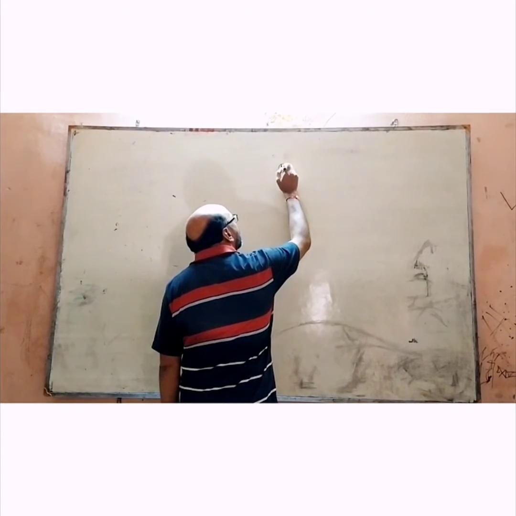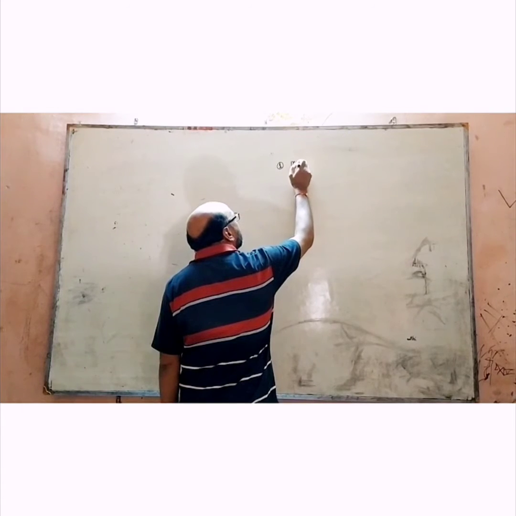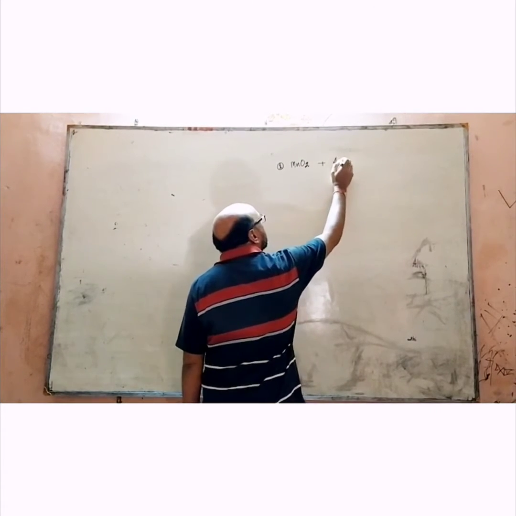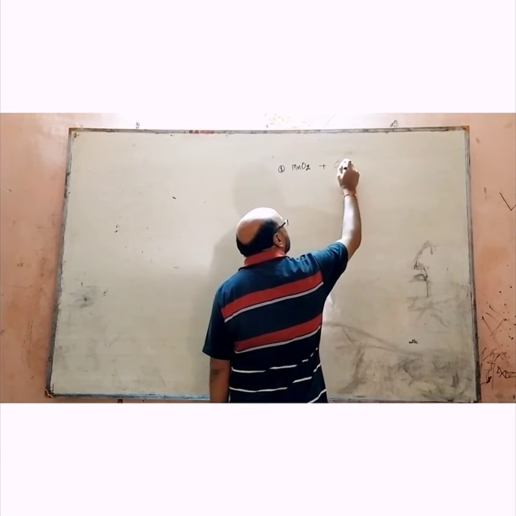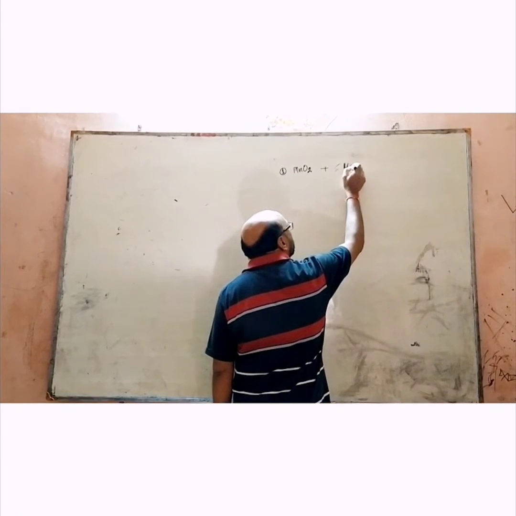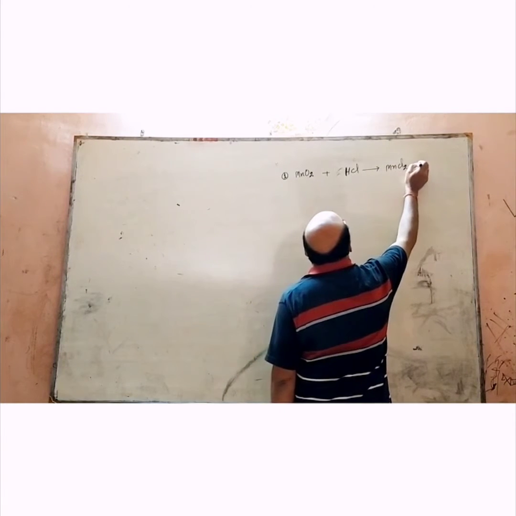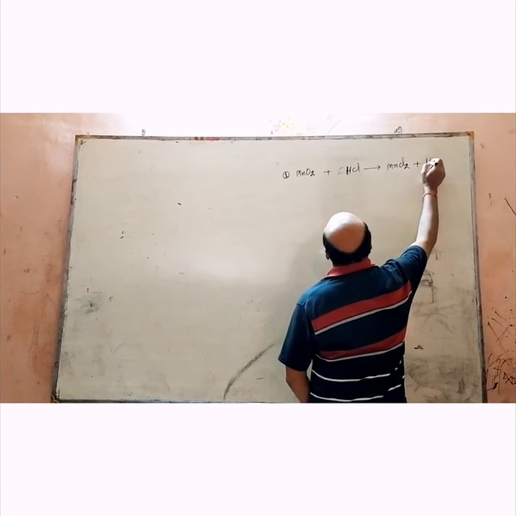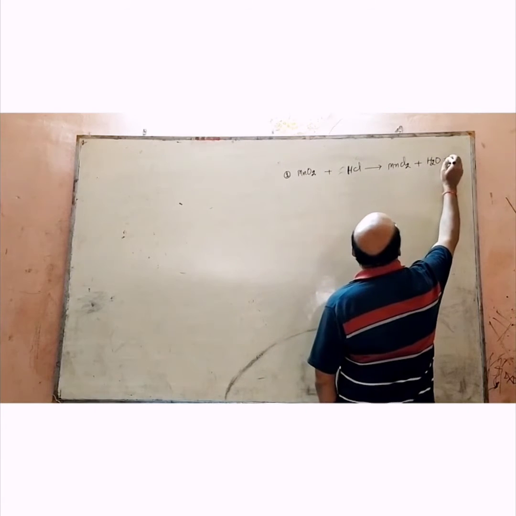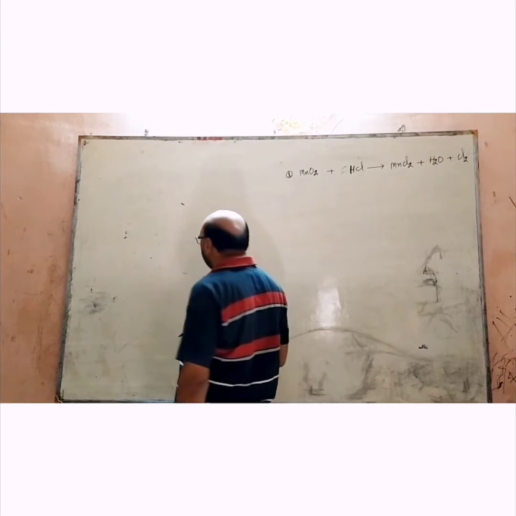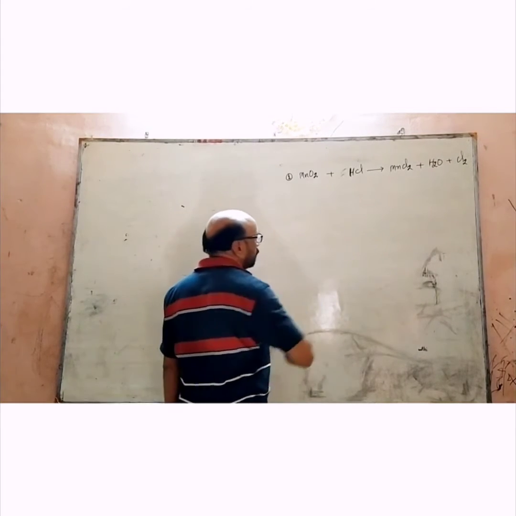Suppose we have taken a reaction: MnO2 plus HCl forms MnCl2 plus H2O plus Cl2. It is an unbalanced chemical equation.